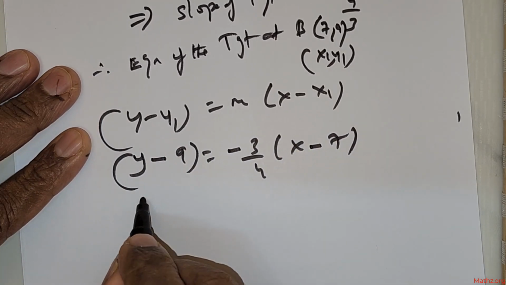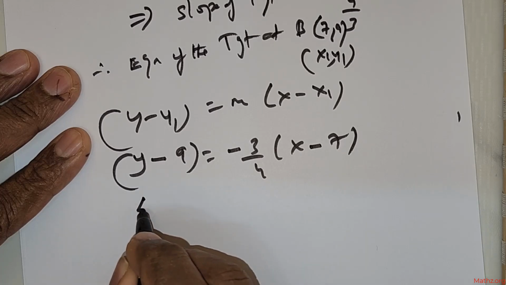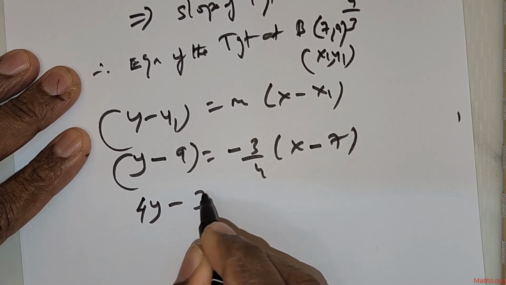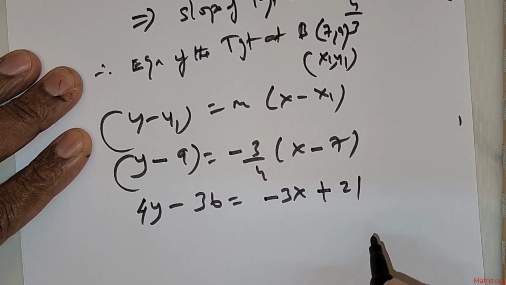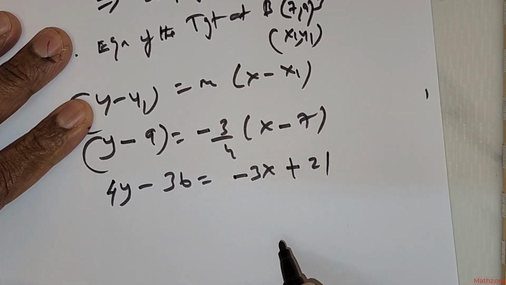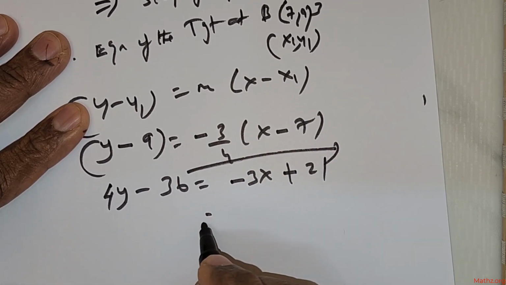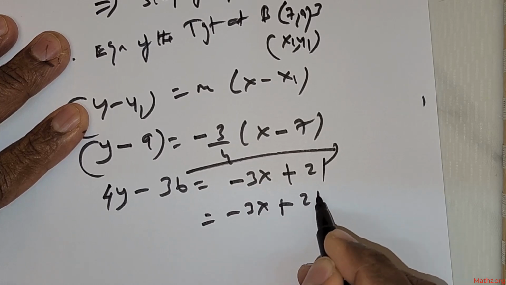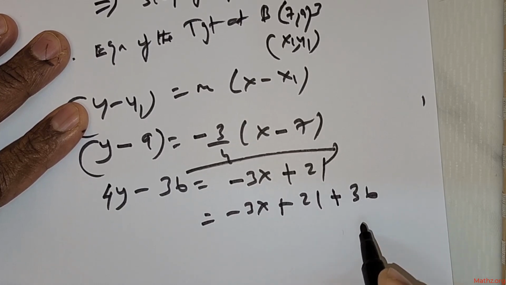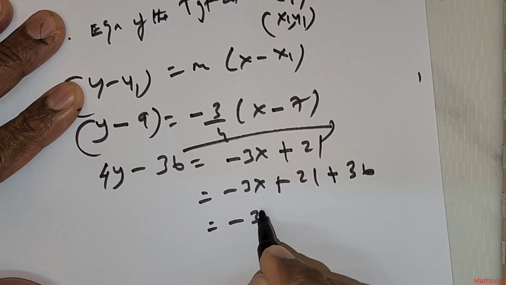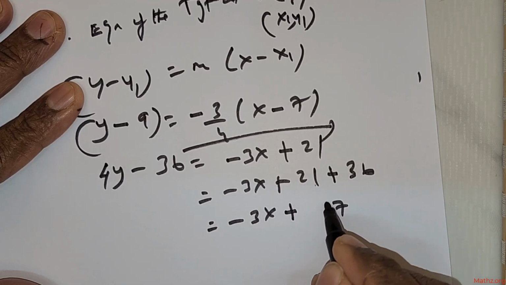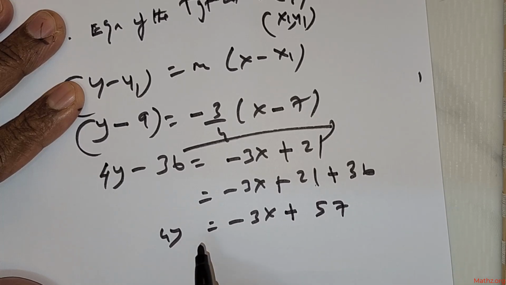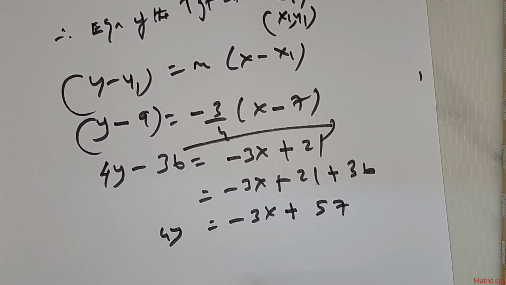You cross multiply, you get 4 times y − 36 is equal to −3x + 21. So you push this to the other side, you get −3x + 21 + 36, which is −3x + 57, and you have 4 times y, right?